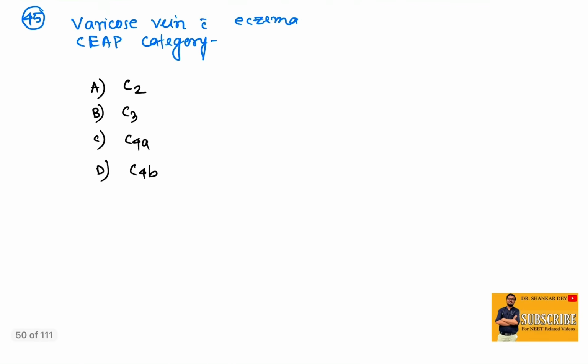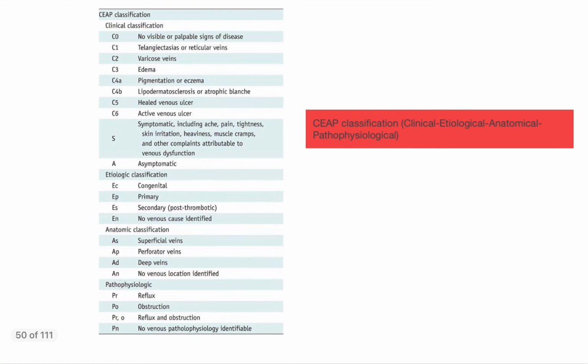Next, coming to question number 45, varicose vein along with eczema. What is the CEAP category of this classification? As all of you know, CEAP means clinical, etiological, anatomical, pathophysiological classification of varicose vein. The most important classification details to remember for competitive exam: only varicose is C2, C3 is edema, C4a is pigmentation or eczema, and here the question asked about the pigmentation or eczema, and C4b is also important for competitive exam, that is lipodermatosclerosis.